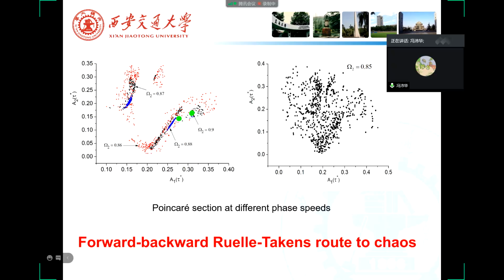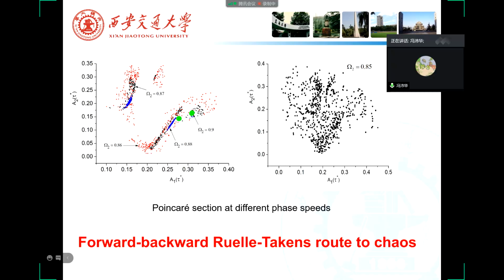It says that the system can enter the chaotic state via several Hopf bifurcations. The first Hopf bifurcation brings the system from periodic motion to quasi-periodic motion, and the second one brings the system from quasi-periodic motion to the chaotic state.